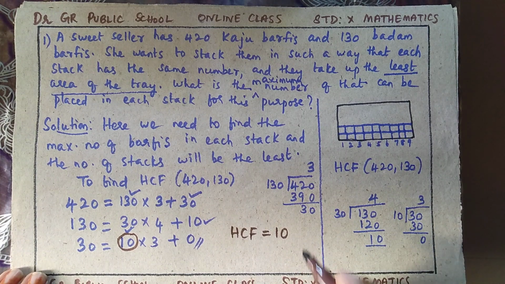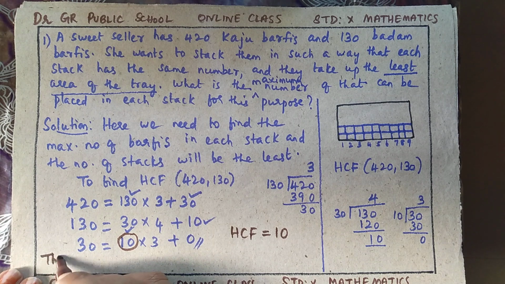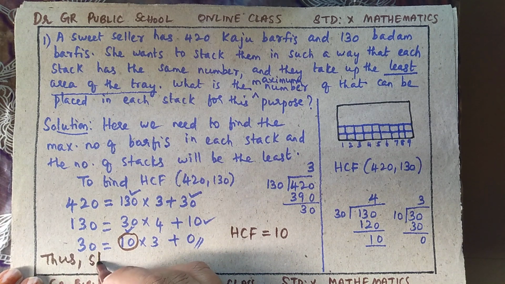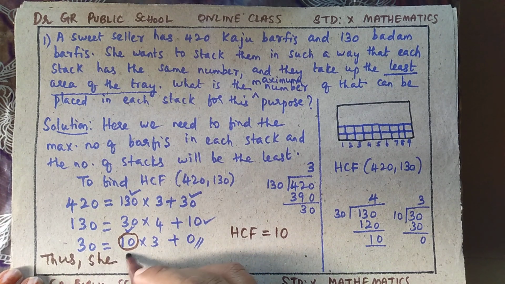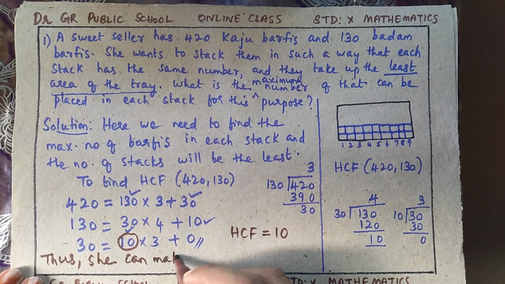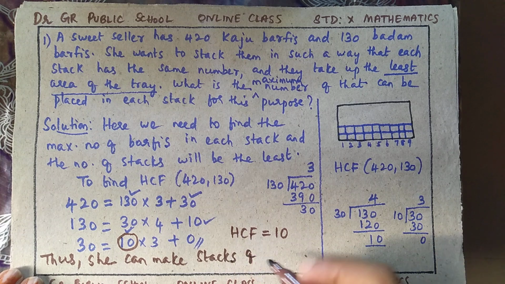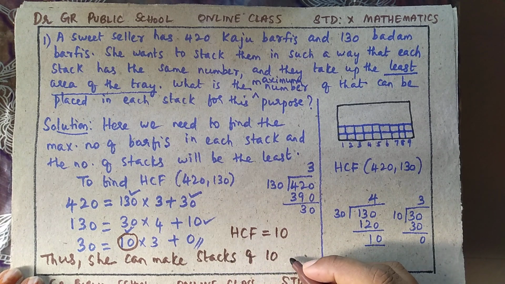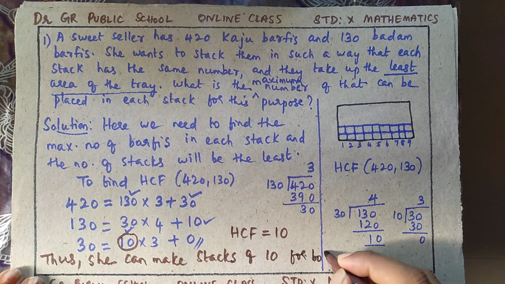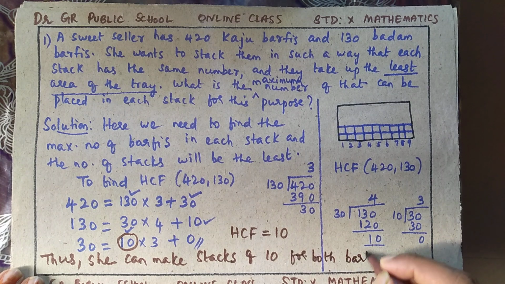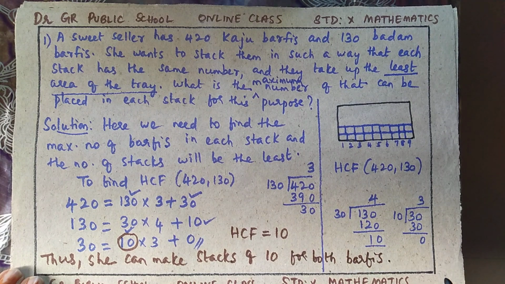Understand, children? Now our last step should be, thus this sweet seller can make stacks of 10, that is 10 for both barfis. Understood, children?